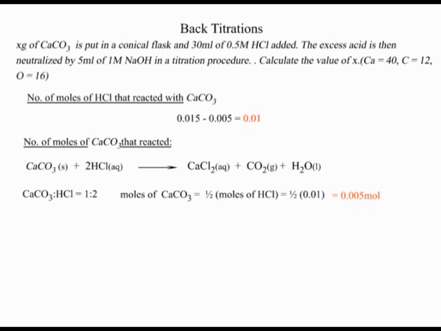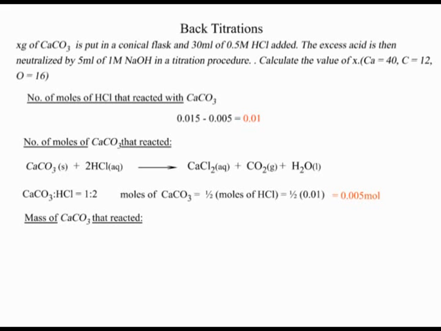We know the number of moles of calcium carbonate that reacted. We can find the mass. That number of moles is equal to mass over the relative formula mass. The relative formula mass of calcium carbonate is equal to 40, the relative atomic mass for calcium, plus 12 for carbon, plus 16 times 3, the relative atomic mass of 3 oxygen, giving us 100 grams per mole.